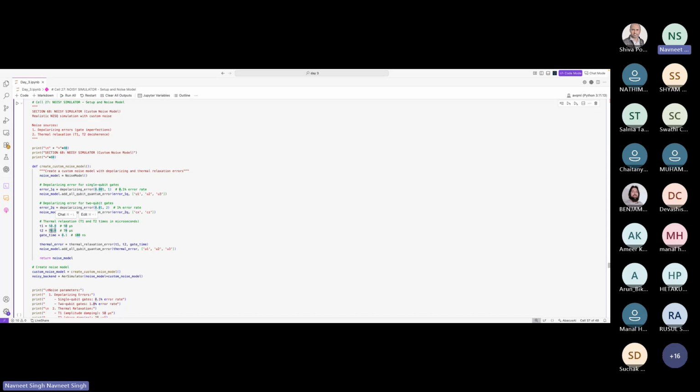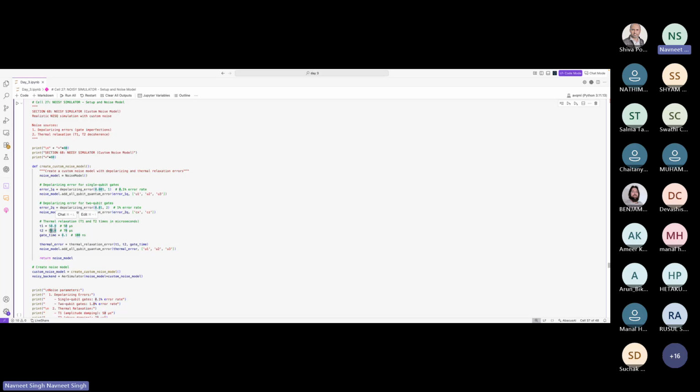These approximate how long a single qubit gate or a two qubit gate takes, and the longer the gate time, the more time for decoherence to act. So basically, the more time you give, the more interaction or error there will be.